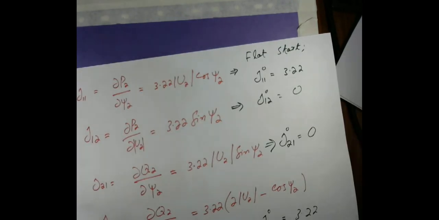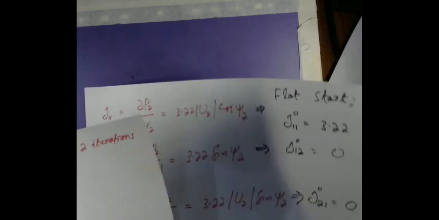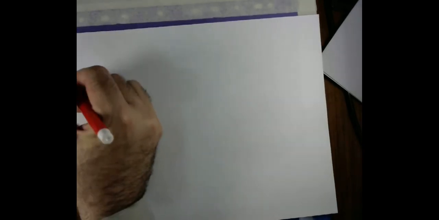So now we have to take the inverse of the Jacobian matrix and multiply it with the power mismatch.